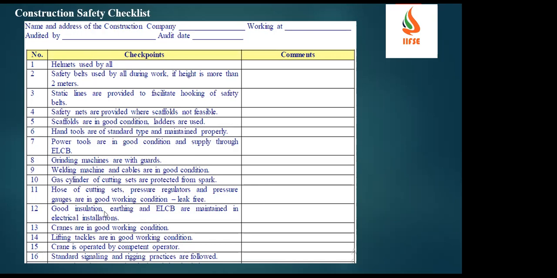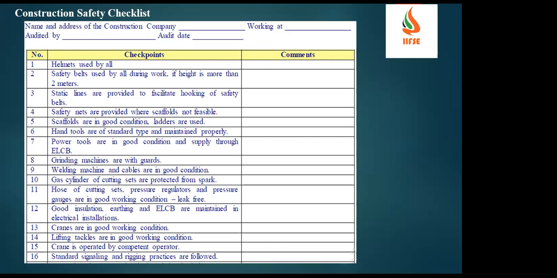Electrical installations must have good insulation, earthing and ELCB. They should have proper insulation, and all the equipment must be earthed properly, and wherever there is a requirement of ELCBs, those must be installed. And cranes must be in good working condition. Whatever cranes we are checking, we should have a check sheet to check the condition of the cranes, and also the drivers operating the cranes must be certified and competent enough to operate them.